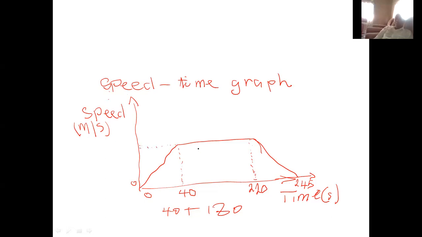But we don't know this final velocity. And so we can find this velocity here by looking at this uniform acceleration.